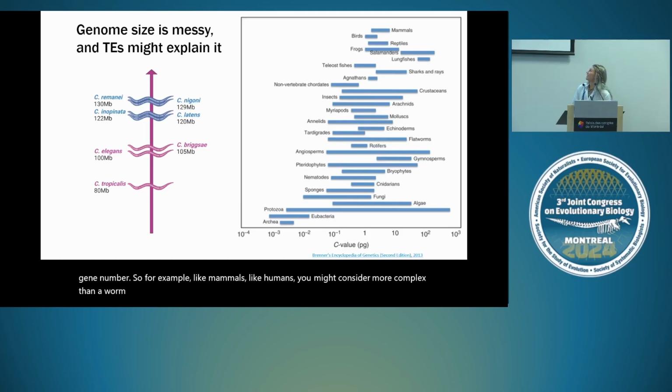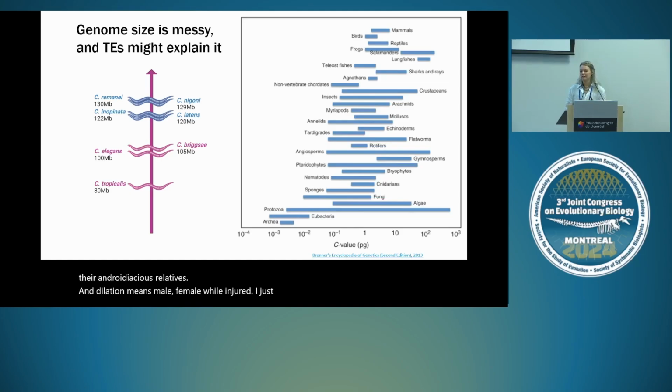However, worms can have much larger genomes than humans. And it's well known in the worm community that their genome size is correlated with their mating system. So in dioecious species, their genome size is typically about 20% larger than their androdioecious relatives. And dioecious means male-female, while androdioecious means hermaphroditic and male.